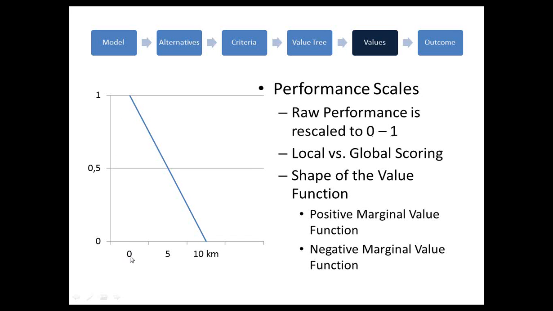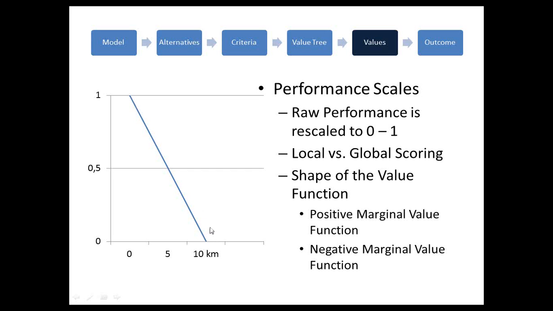In this graph you can see that for me, 0 kilometers travel, that would be living on the doorstep of the hospital, has a maximum value of 1. In contrast, traveling 10 kilometers to the hospital is the longest distance I have to travel to reach one of the 3 hospitals in my target area, and this has a value of 0.